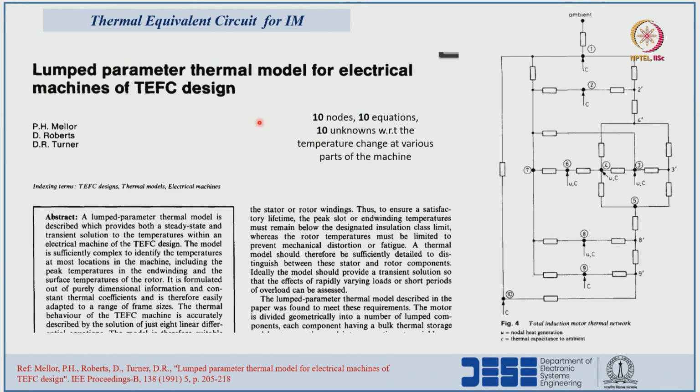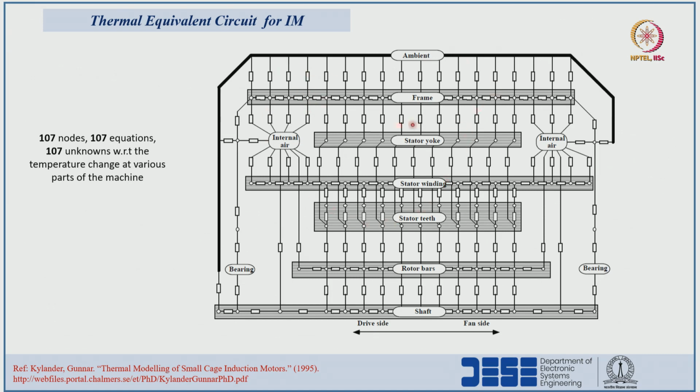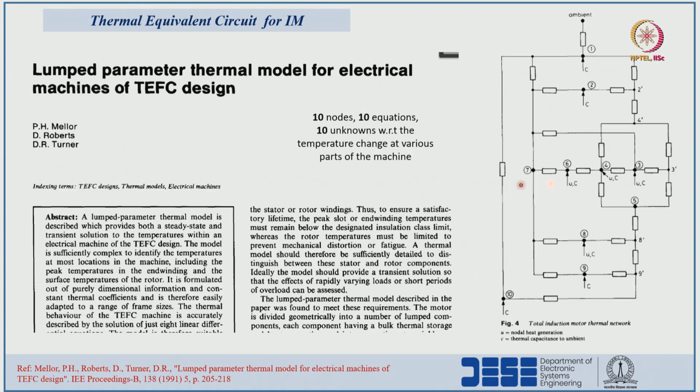And another type of thermal network: instead of representing the thermal network with respect to the individual resistances, we can represent the complete network as a lumped parameter thermal model. That circuit has 10 nodes and 10 equations, a lumped model of electrical machines for a totally enclosed fan cooling based design.